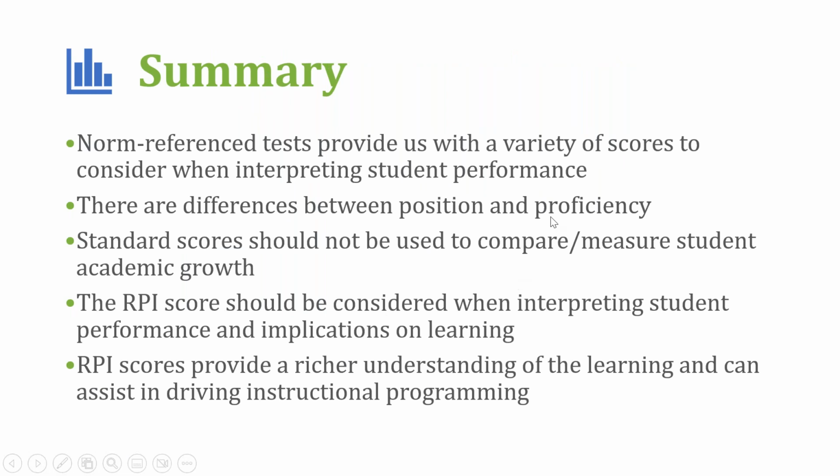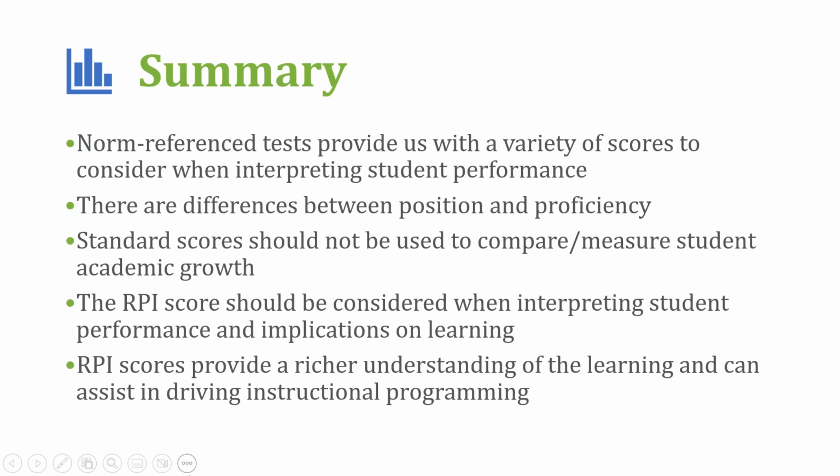So in summary, our norm reference tests provide us with a variety of scores to consider when interpreting student performance. So we want to make sure that we don't stop our interpretations at that surface level. We want to make sure that we go deeper and utilize all the other rich data that can also be obtained from these norm reference tests.